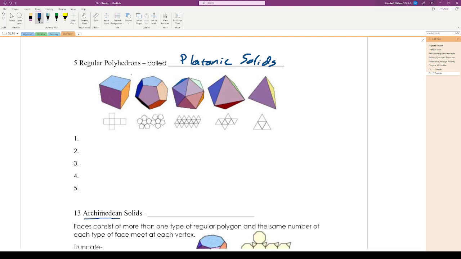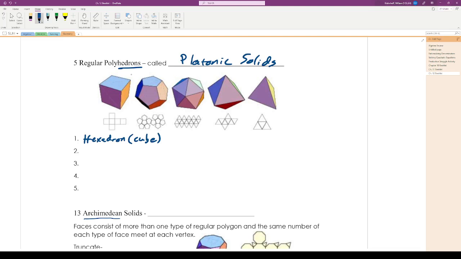So these 5 shapes are the only ways to make regular polyhedrons in 3 dimensions. One of them, the first one, is really simple. We call it a cube. But giving it a hedron kind of name, we can call it a hexahedron, or cube. The second one has 1, 2, 3, 4, 5, 6, 7, 12 faces.